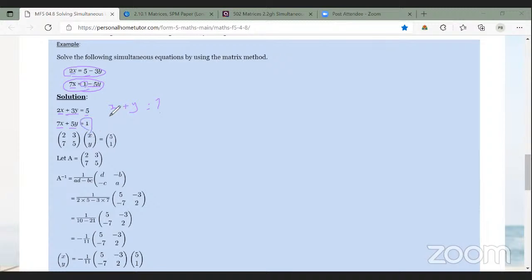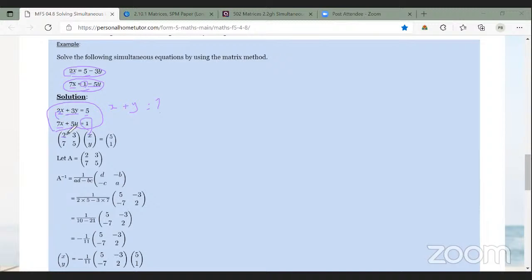So in any question involving solving simultaneous linear equations using matrix, you should usually just write your equation down like this first, just so that it will be easier for you. All right, so over here, you can see it's written down like the concept earlier.